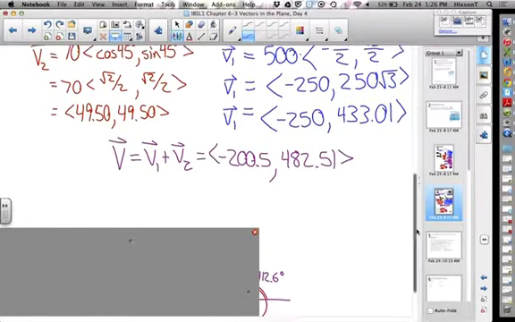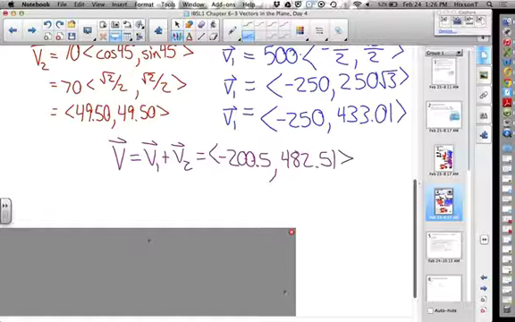We want the direction and the speed: 482.51 over negative 200.5.